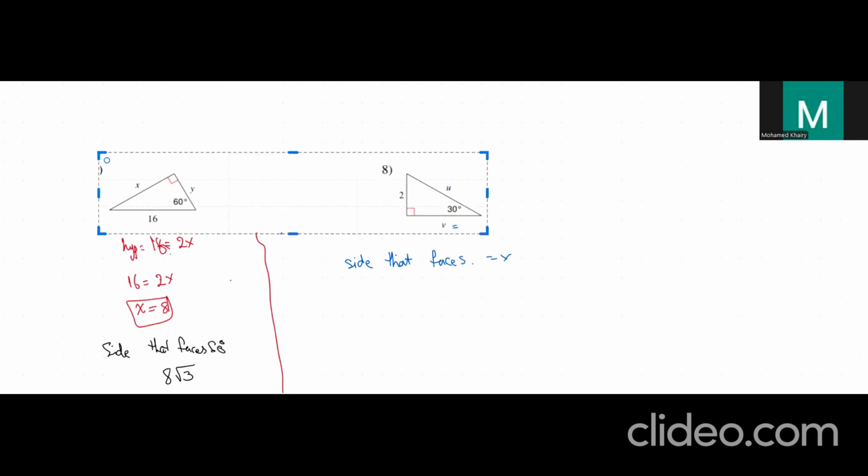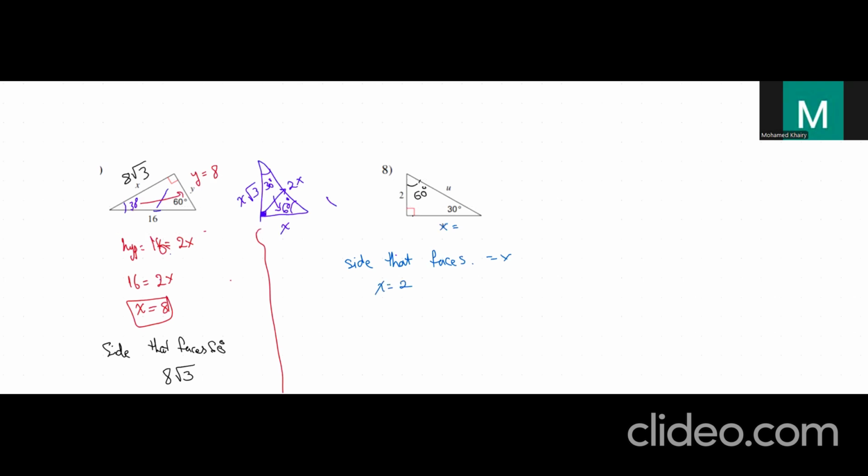Okay, x equals 2. Based on this, the hypotenuse will be 2x. So it equals 2 times 2 equals 4. The side that faces 60 degrees, so it's going to be what? 2 radical 3. Excellent.